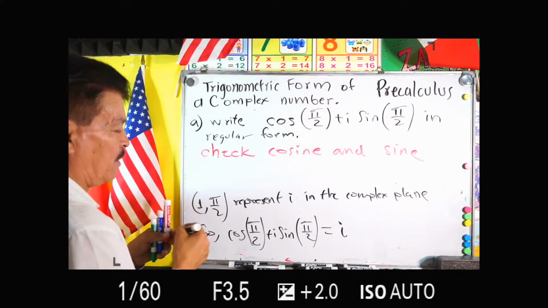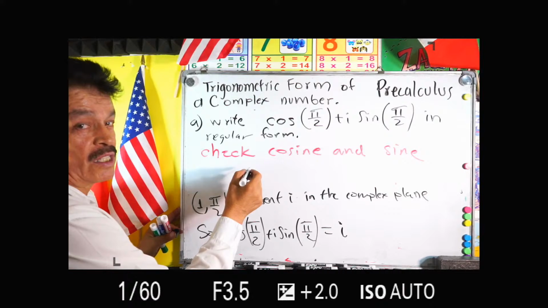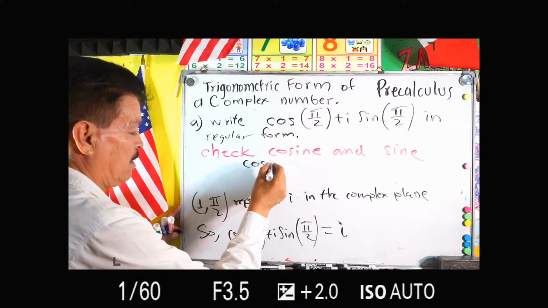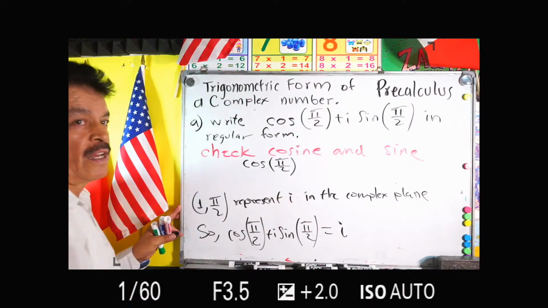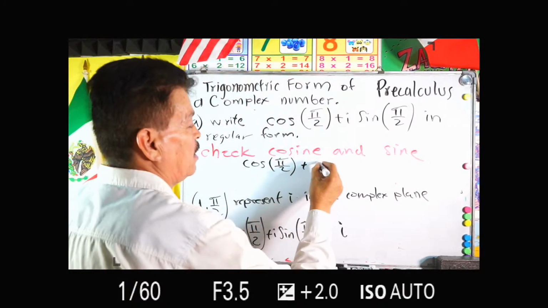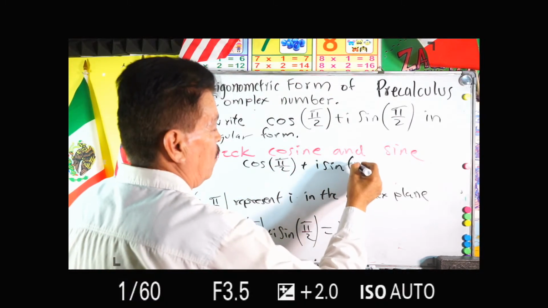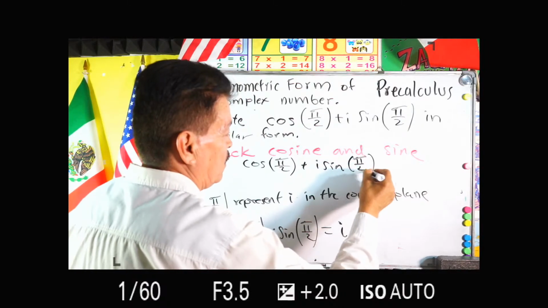This is very important. Cosine of pi divided by 2 plus imaginary sine of pi divided by 2.